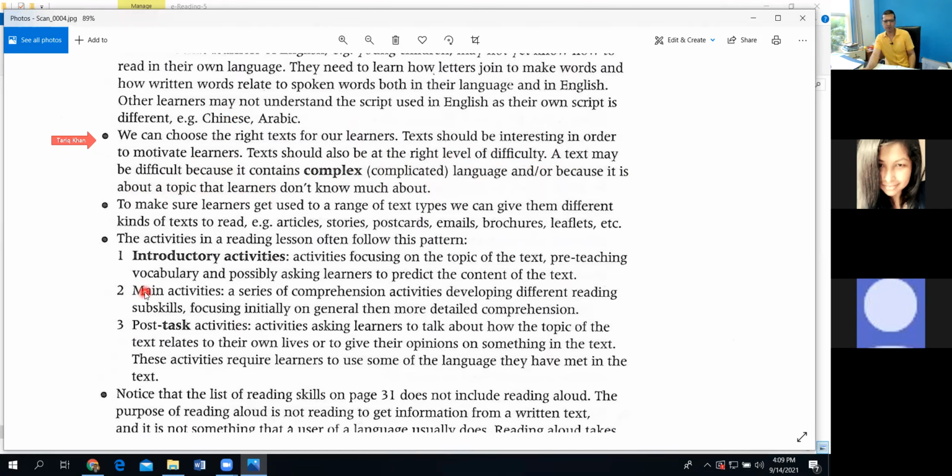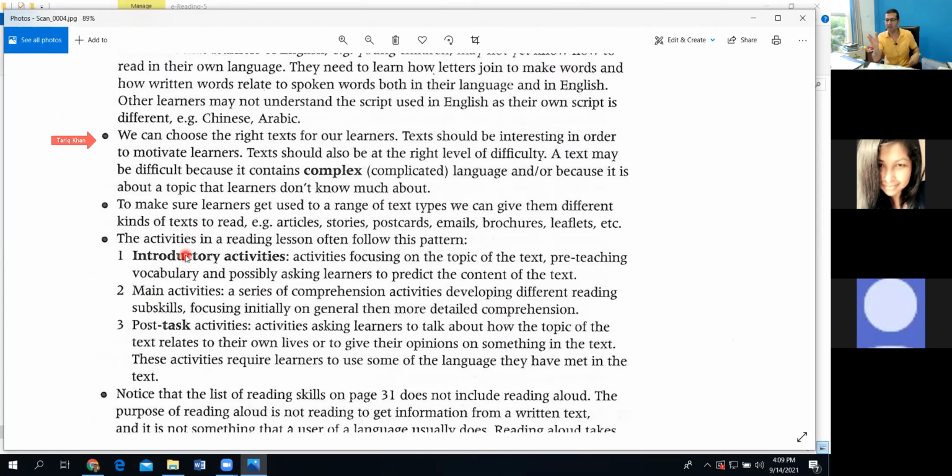So you also have to look into the right text for the right level of the student, what the level of your student is and what text is given. If your students are at basic level and you have given them an advanced, upper intermediate or intermediate level text, they will definitely find it difficult to understand.